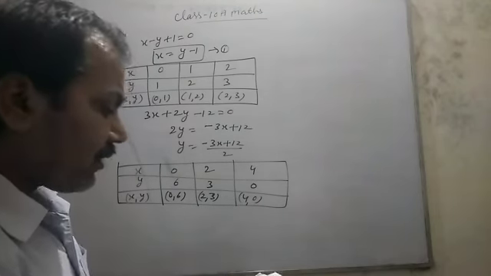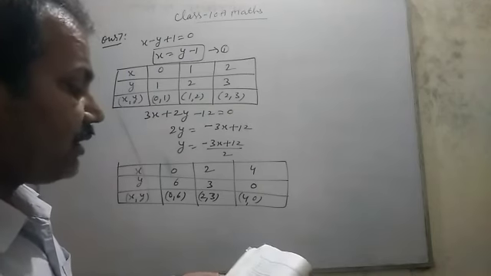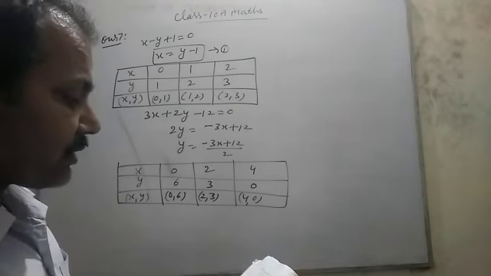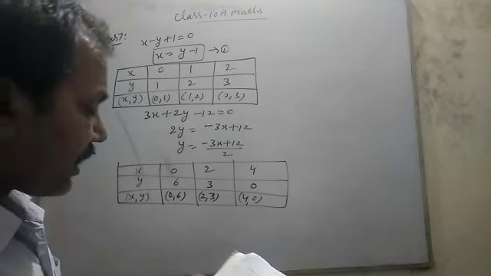Determine the coordinates of the vertices of the triangle formed by these lines and the x-axis and shade the triangular region.